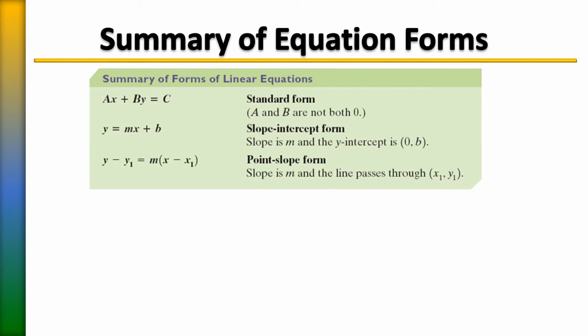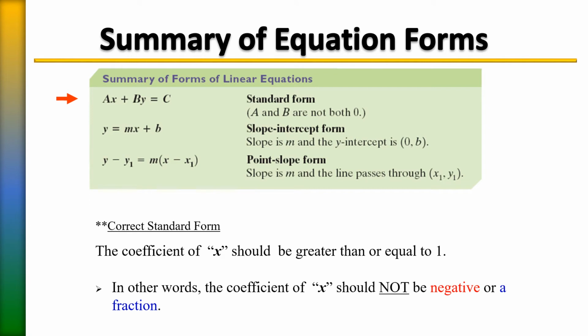The one thing you need to know is that for standard form, the coefficient of the x term should always be a number that is greater than or equal to 1. In other words, for standard form, a, which is the coefficient of x, cannot be a negative or a fraction.